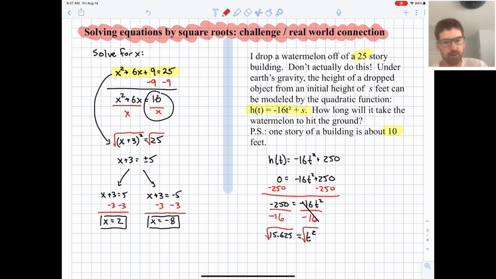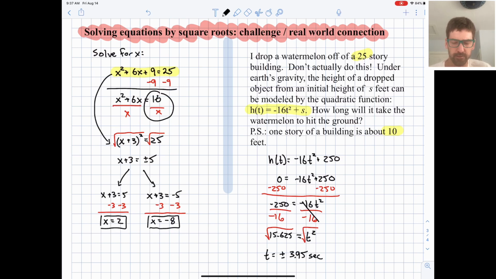And we will get a final result of t equals plus or minus 3.95. And so then we need to think about, first off, what units are. Units are in seconds.